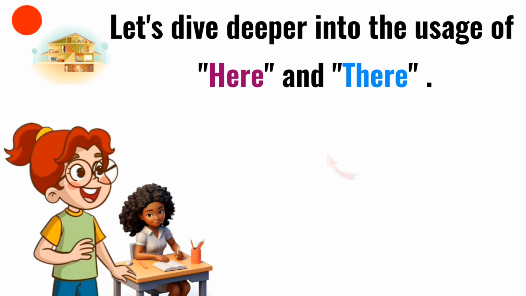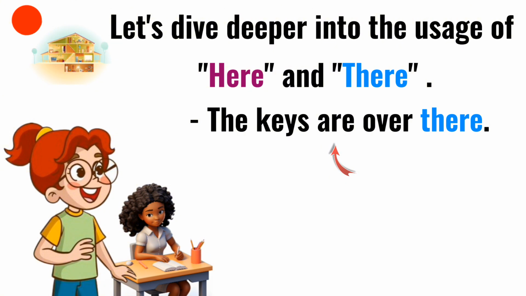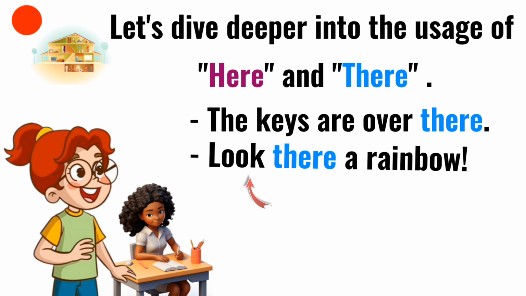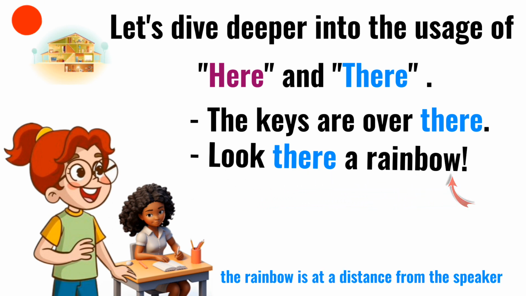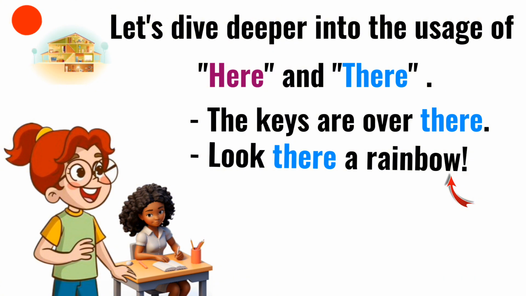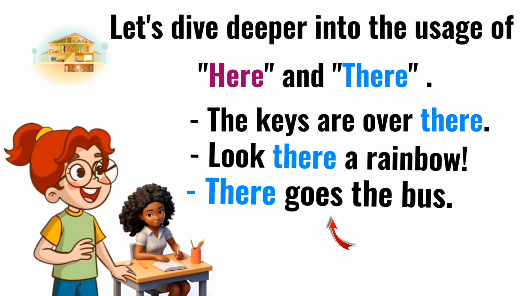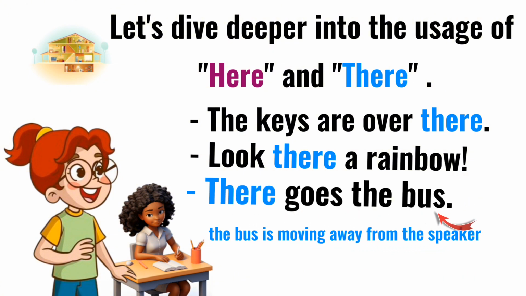Examples: The keys are over there. The keys are far from the speaker. Look there, a rainbow. The rainbow is at a distance from the speaker. There goes the bus. The bus is moving away from the speaker.